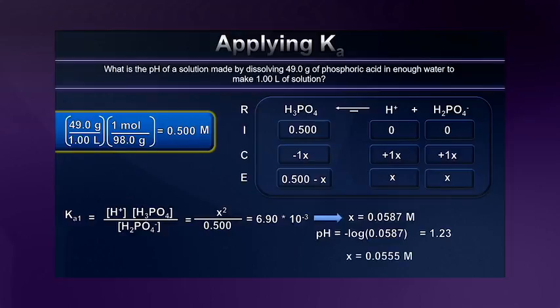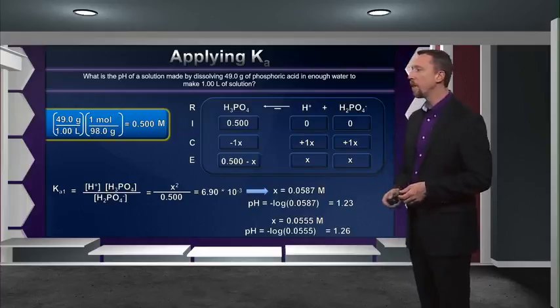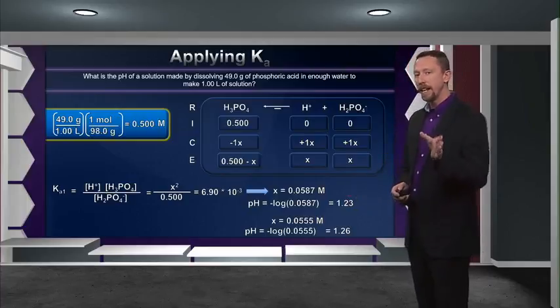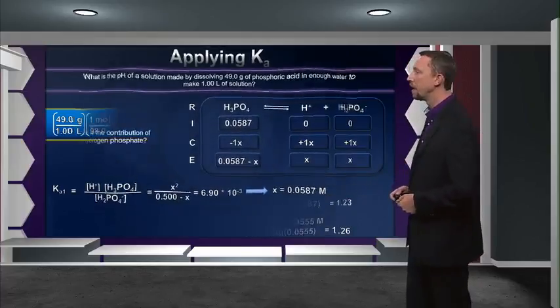So if instead we actually were to use the quadratic equation and not eliminate this x variable, we would instead calculate 0.0555 molar for our proton concentration, and our pH is in fact slightly different. It's 1.26 in this situation. Now, again, to keep things relatively simple, I'm going to go ahead with the estimate that it is smaller, although this is really pushing the limits of using that estimate.